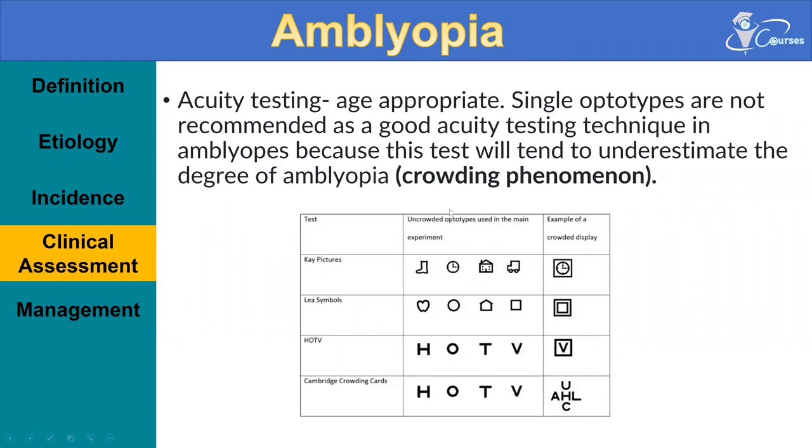So in those patients, don't use a single optotype to test the visual acuity, because if you do so, this will underestimate the degree of amblyopia. For example, the child could have a visual acuity of 6/60, but because you use a single optotype, you measured it as 6/18 or 6/24. So this is very important to detect the presence of amblyopia.